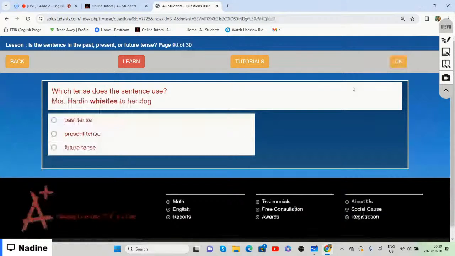So the last one. Mrs. Harden whistles to her dog. So whistles ends in an S. Is it in the past tense, the present tense, or the future tense?